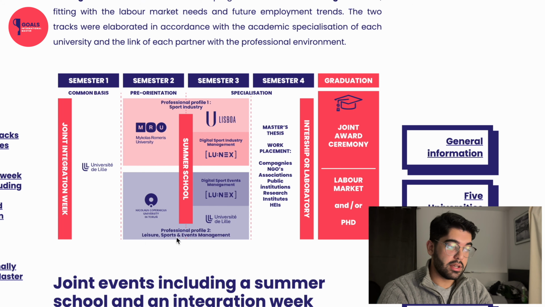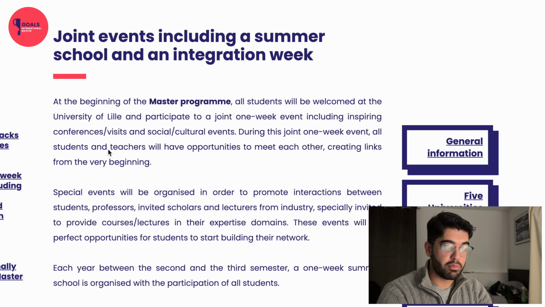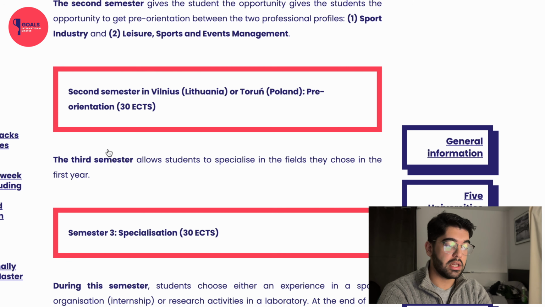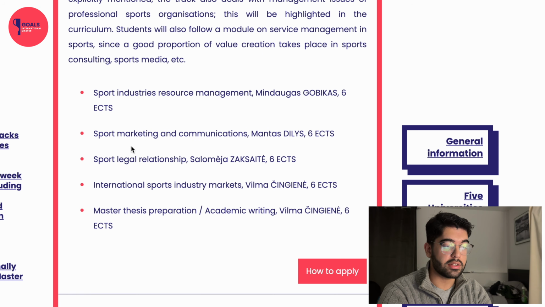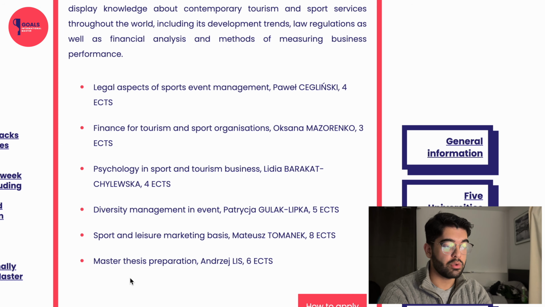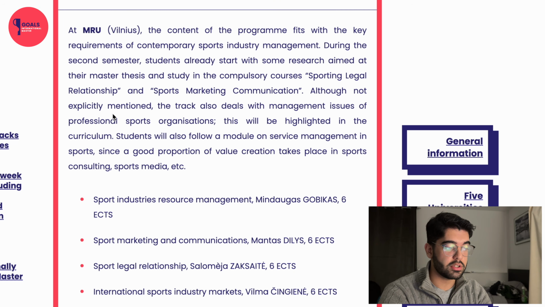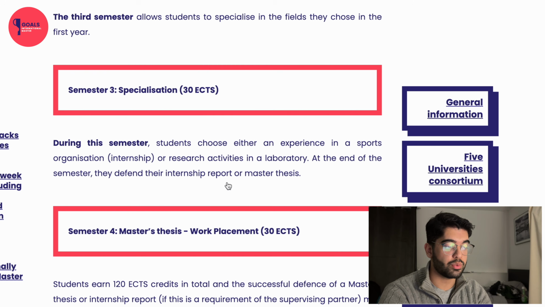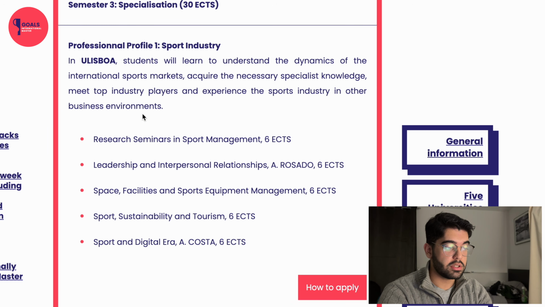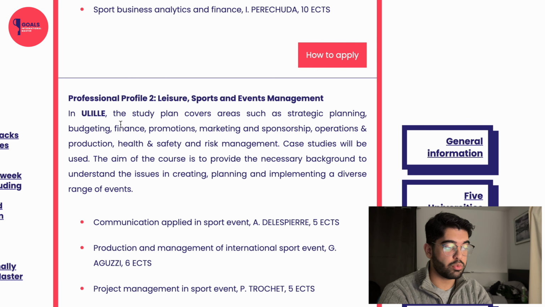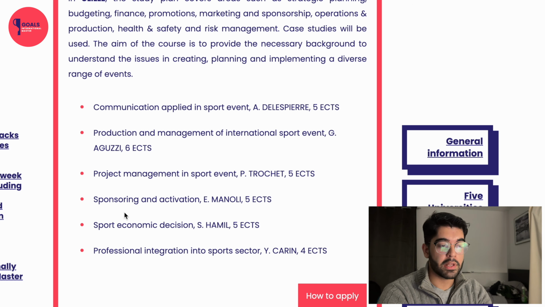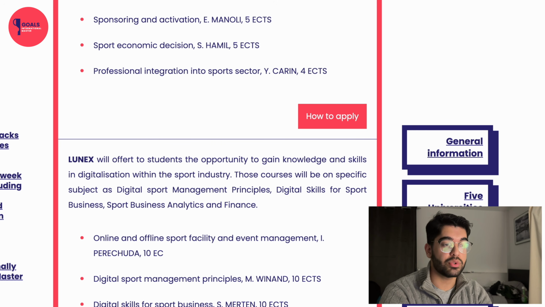So as you can see, sports industry, leisure sports and event management, you choose this. And the other distinction between the both is the courses, whichever course suits you more. So this is for the Torun one, this is for the Vilnius one. Similarly, for the third semester, you can see the courses for Lisboa, Lunex, and Lille.